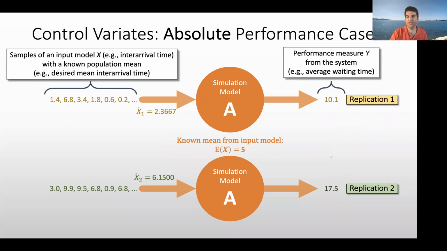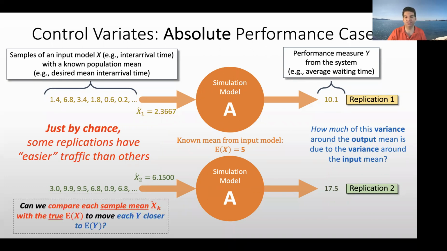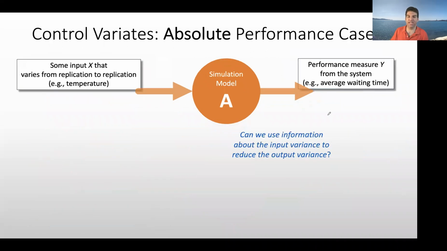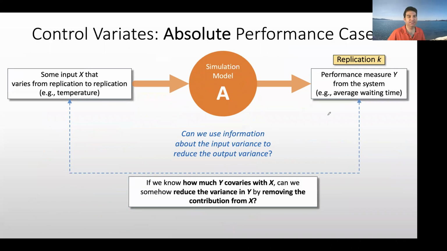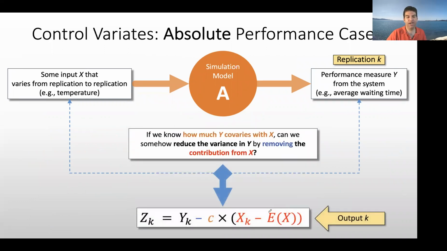So what I do here, and I'm just summarizing, just by chance, some are easier. How much of the variance comes from that output there? Can we use that information to reduce that? So what I'm going to do for this absolute performance case is generate a measurement. I know my average interarrival time, my desired average interarrival time across all the replications.